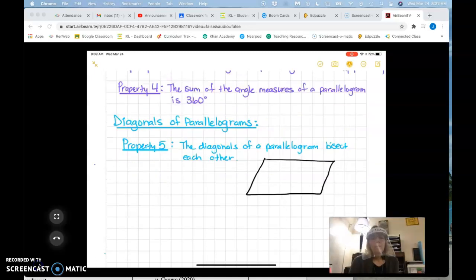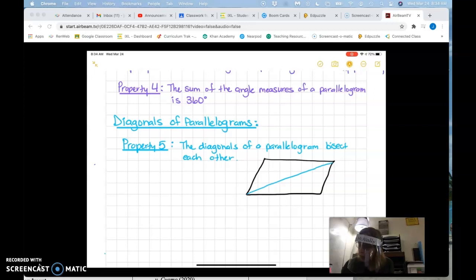And now we're moving on to properties of diagonals. And a diagonal is just a line that goes from one side of the parallelogram to the other. Okay, and there's always going to be 2, because you're just connecting the 2 opposite angles together. Those are the bisectors or the diagonals.